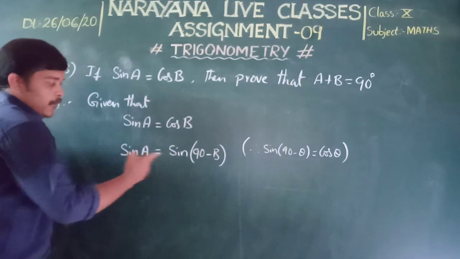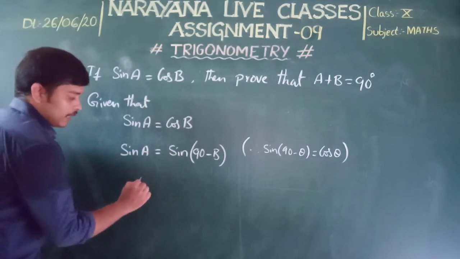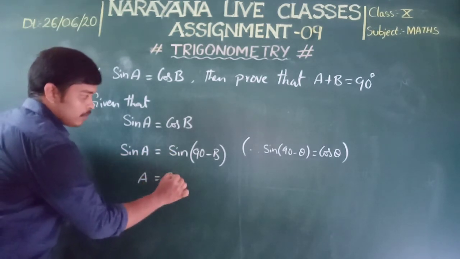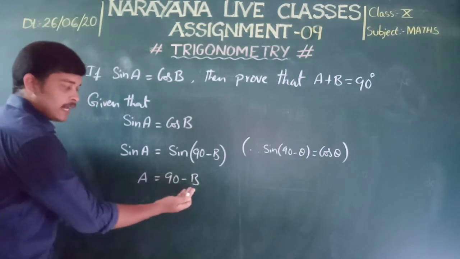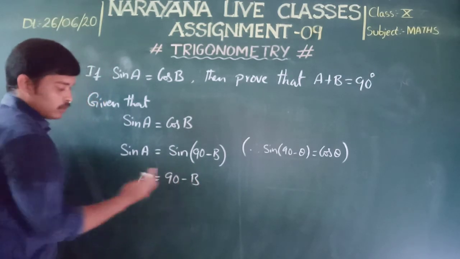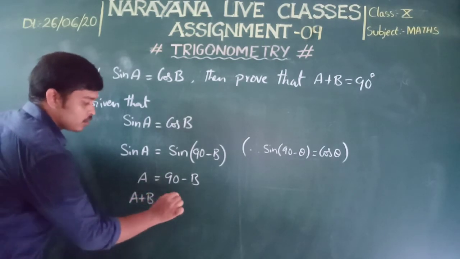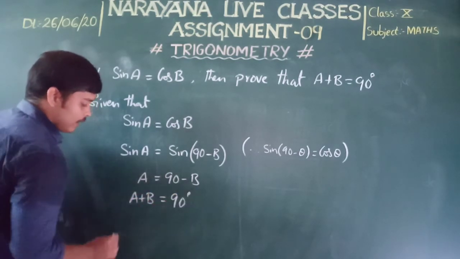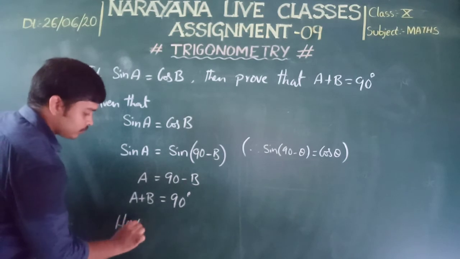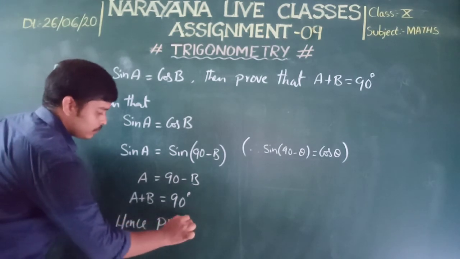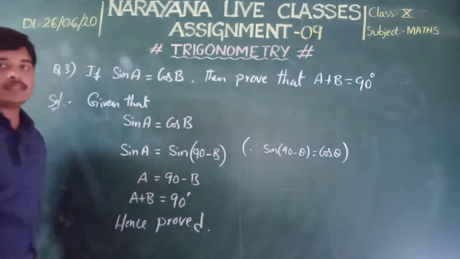So by comparing these two ratios, A is equal to 90 minus B. We are sending minus B to the other hand side, then A plus B is equal to 90 degrees. Hence proved.